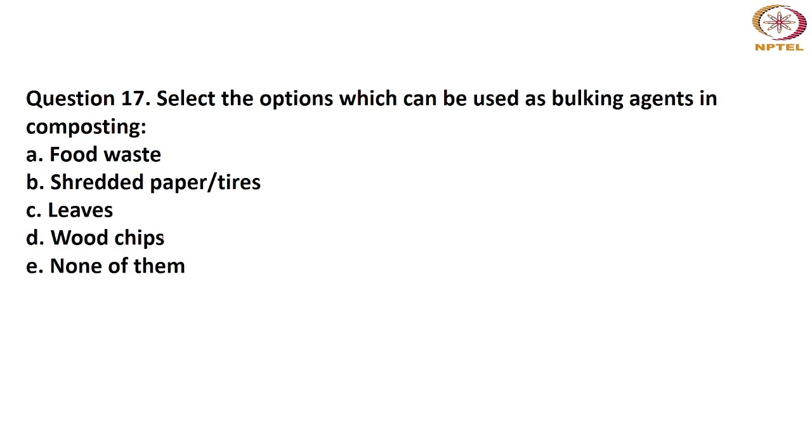So the next one, select the options which can be used as bulking agents in composting. Again, same type of question. So the correct answers are shredded papers or tires you can use.